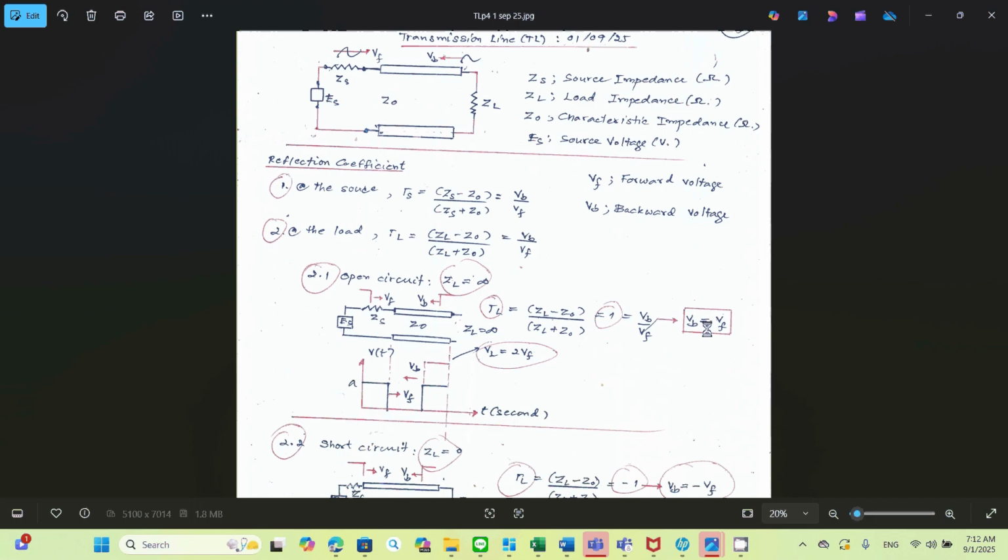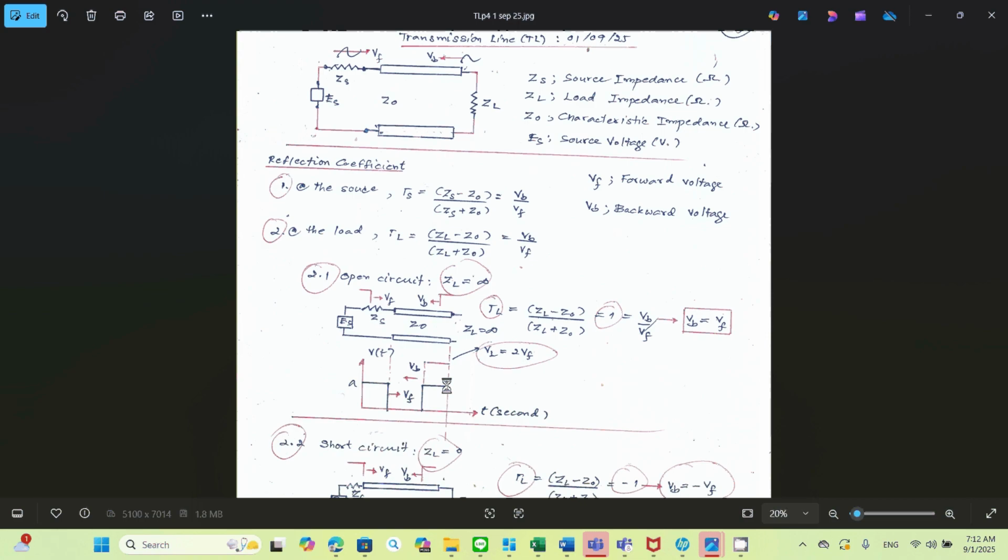So Vb over Vf, if you take a look at the plot, you have the forward voltage, or incoming signal, into a transmission line with amplitude A, and at the load end it is reflected back with the same amplitude and a positive voltage.